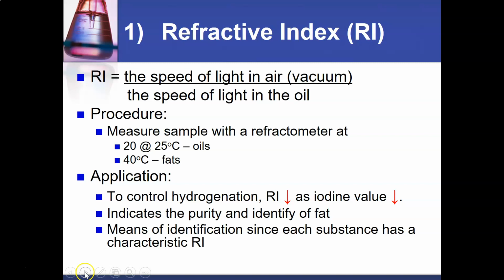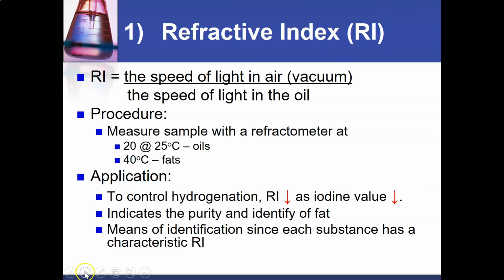So basically we use a refractometer to measure refractive index of oil or fat. For oil we use a lower temperature, because it is already in liquid form, so we just use 20 or 25 degrees Celsius. But for fat we must use a higher temperature. Normally we use 40 degrees Celsius.